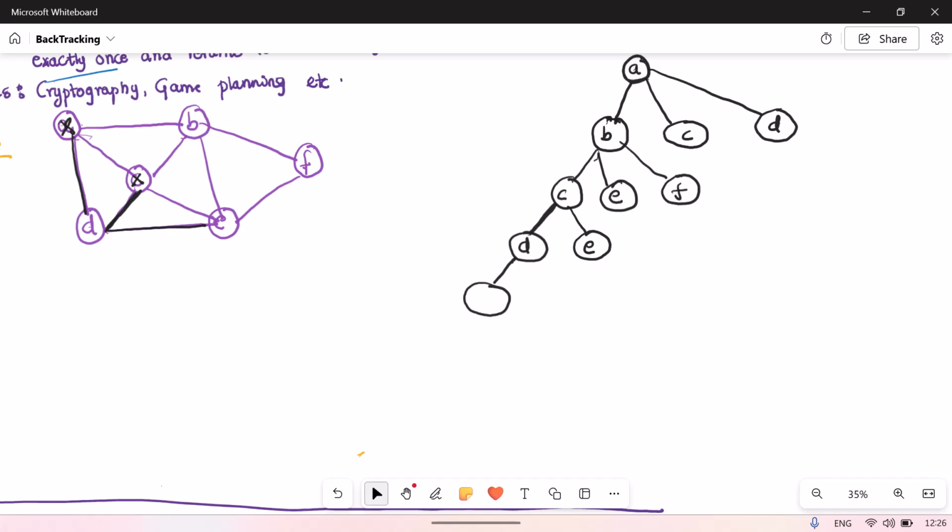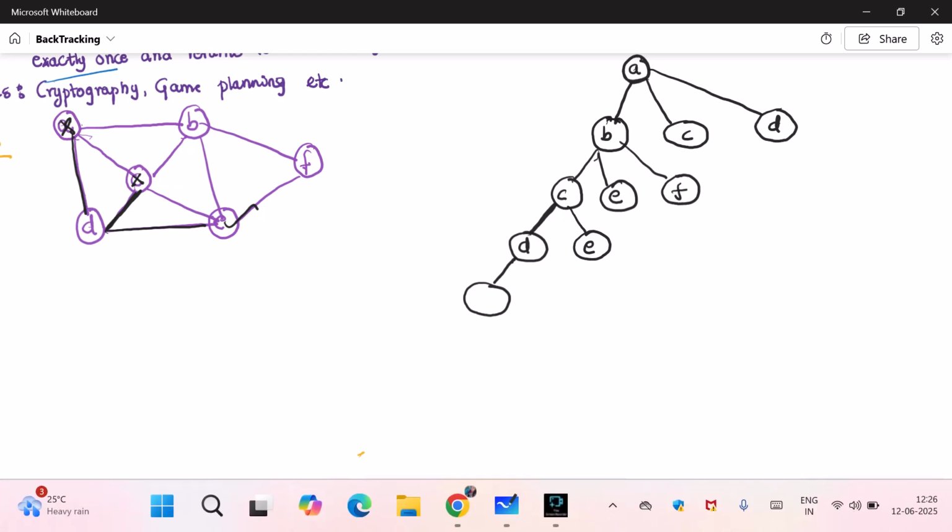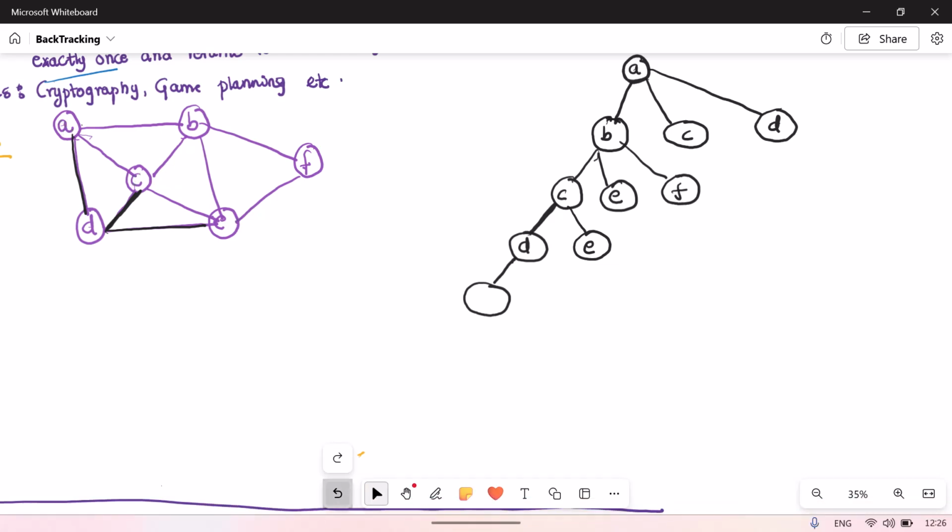A can't be used because that's the starting point, obviously. The only possibility we have is E. I'll write the option as E. From E, I have B, C, and F. B and C can't be used, so F.